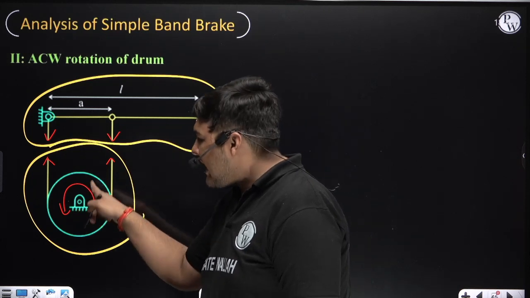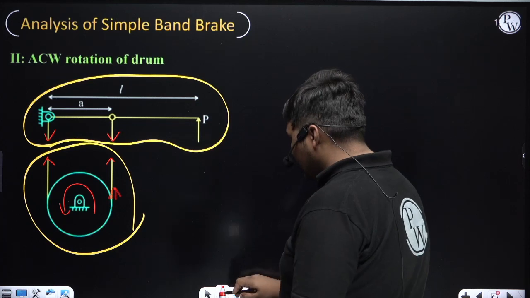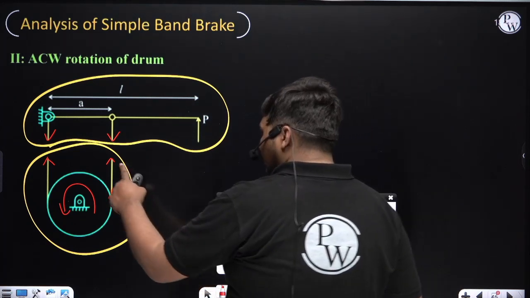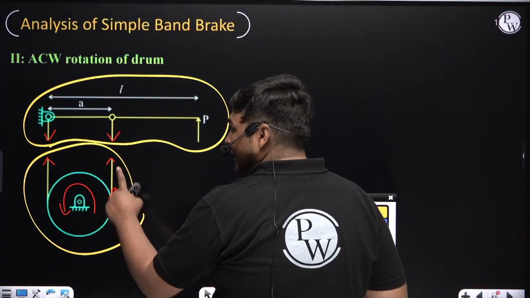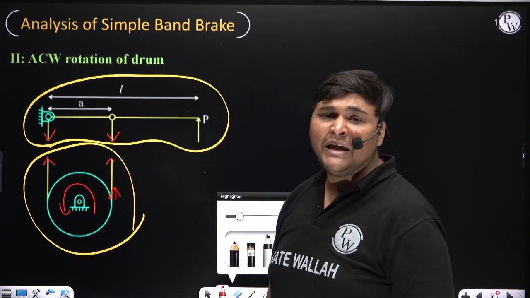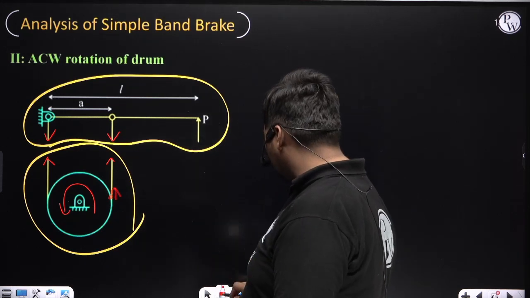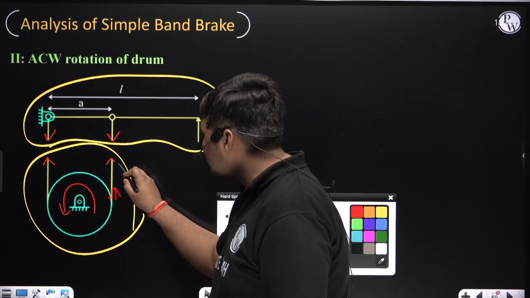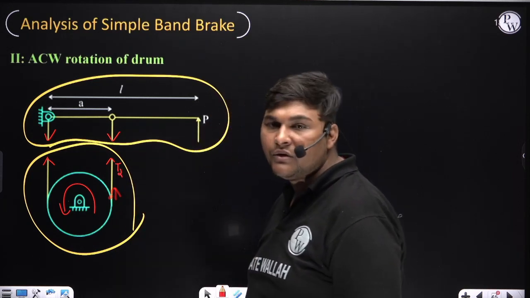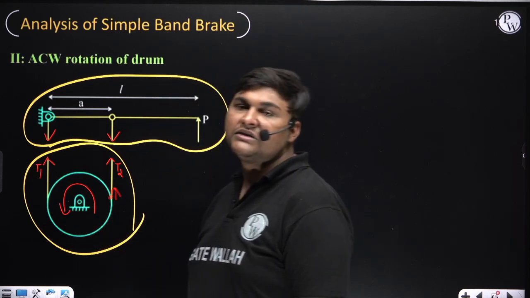The drum is rotating anti-clockwise, so the direction of velocity of this point will be this. Here you can see the direction of tension and velocity is the same. And if the direction of tension and velocity is the same in this FBD, that side will be the slack side. So this side is the slack side, and I am denoting tension of the slack side as T2. Since it is the slack side, the other side will be the tight side, so here the tension will be T1.